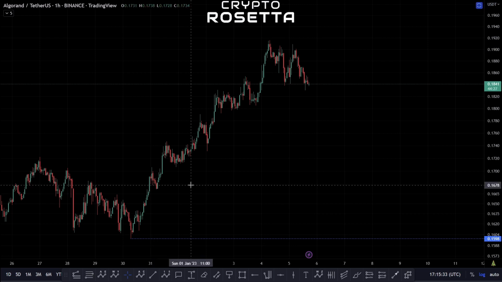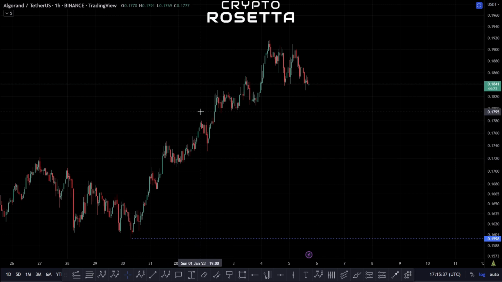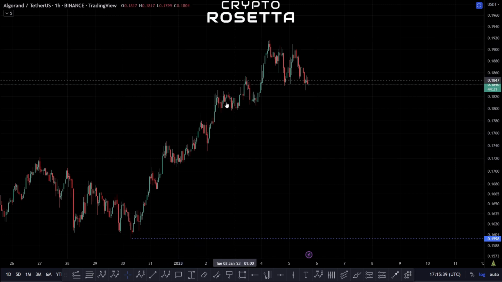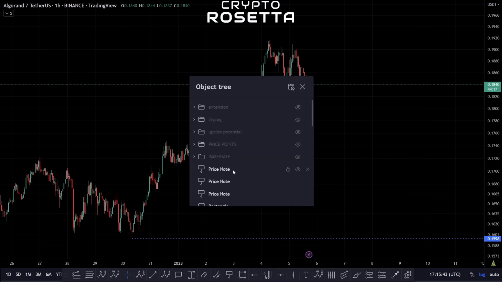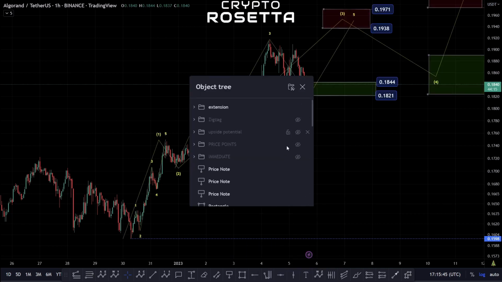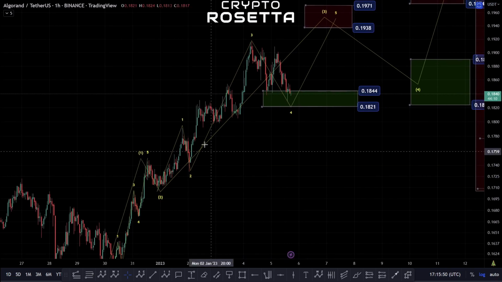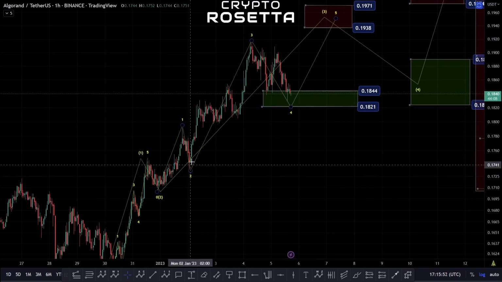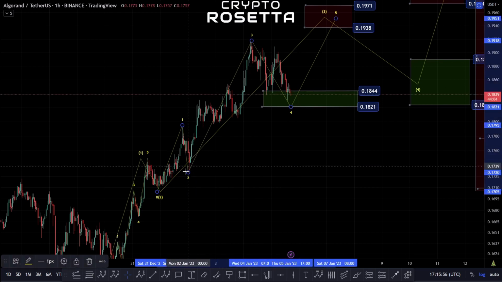The thing with this is we were looking at the potential of having a 5-wave move, so 1, 2, 3, 4, 5, and then potentially we could have a different shape within this. And what we would be looking at for that would be the fact that it is still possible to have a 5-wave move here. The only issue I have with this is the structure within this wave 3 here.